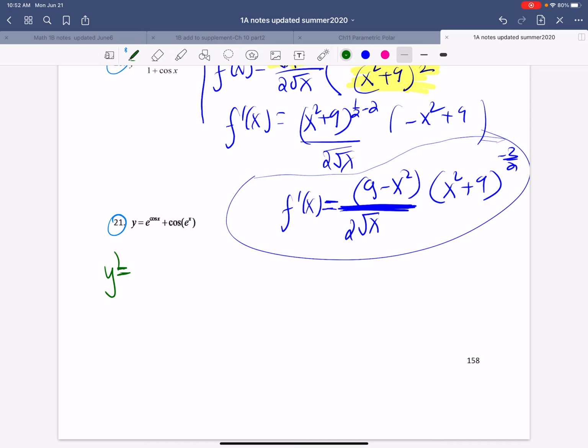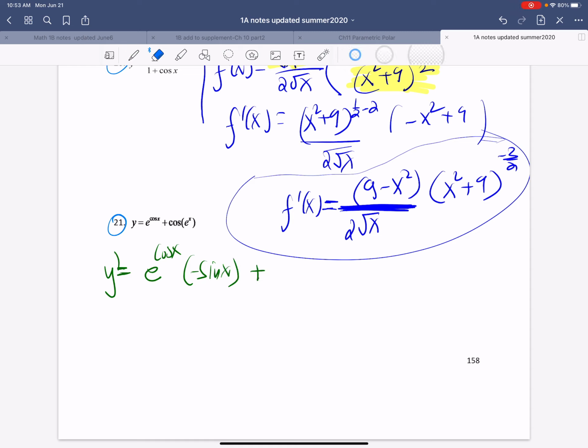e to the power cos x, derivative of e to the power x is e to that power, whatever that is. In this case, it's a function of x. It's not just x. If you have e to some constant power, that is going to be a constant, and the derivative will be 0 in that case. e to the power cos x times derivative of inside function, which is negative sine x.